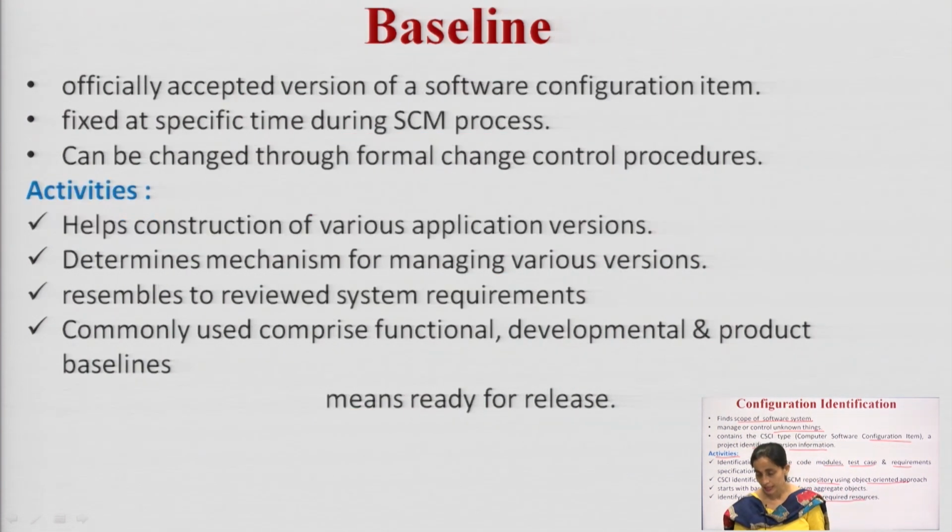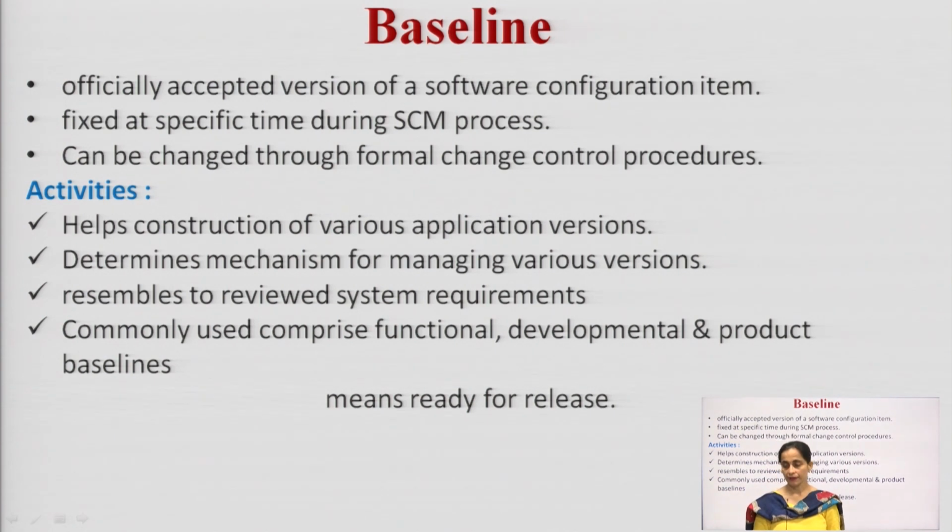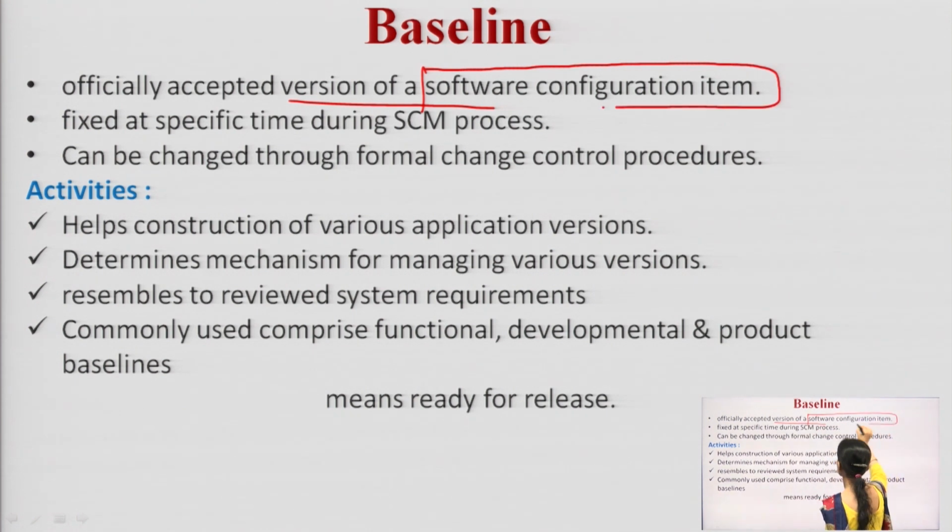The second one, the most important, is the baseline. A baseline is the officially accepted version of a software configuration item. SCI, officially, we call it a baseline. It is fixed at a specific time in the SCM process.